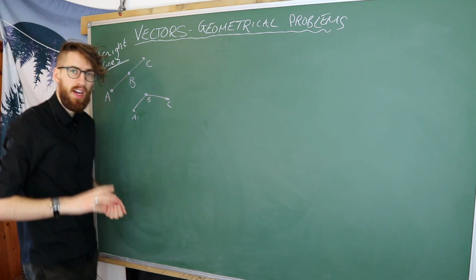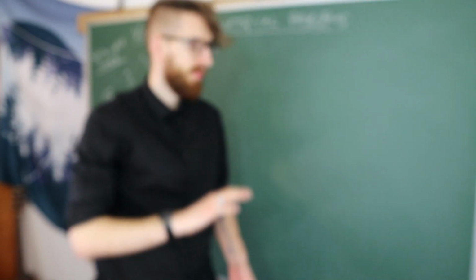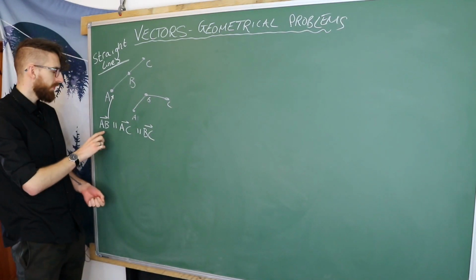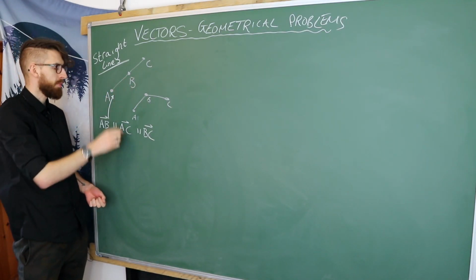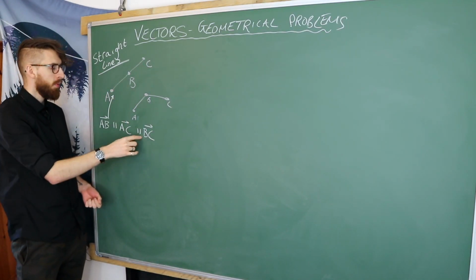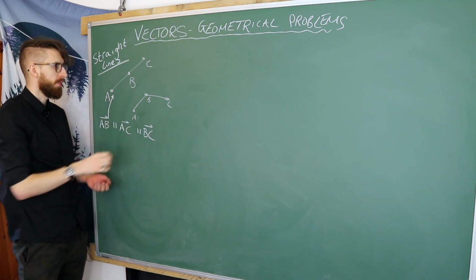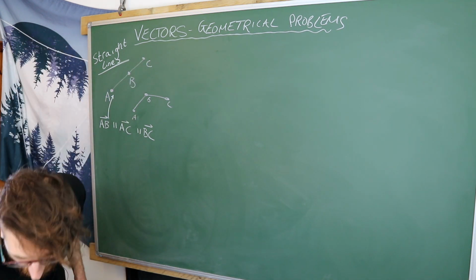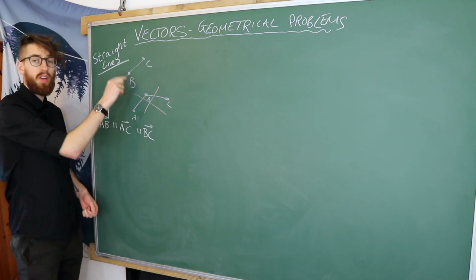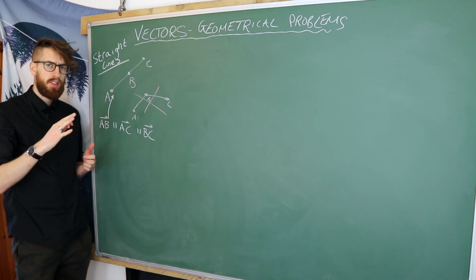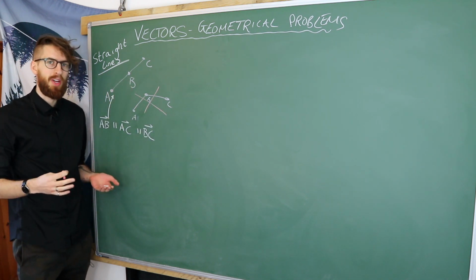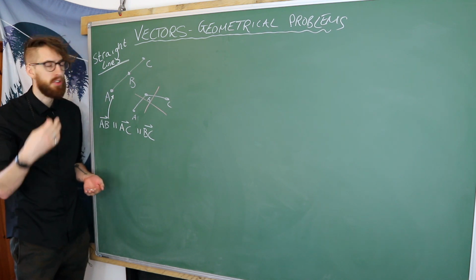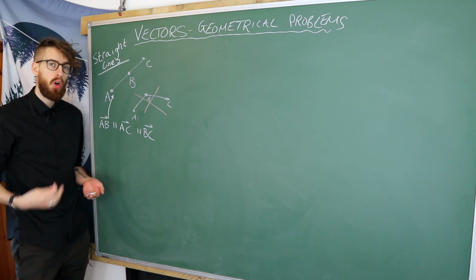So let's get that in a little sentence. This is what I've written. AB, the vector from A to B, is parallel to the one from A to C, which is parallel to the one which is B to C. This is not straight. This one is straight. We often use the word linear to say a straight line. So if they are on a straight line, then we say that they are collinear.